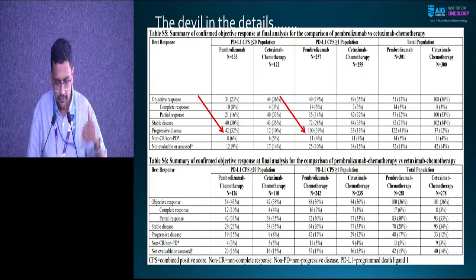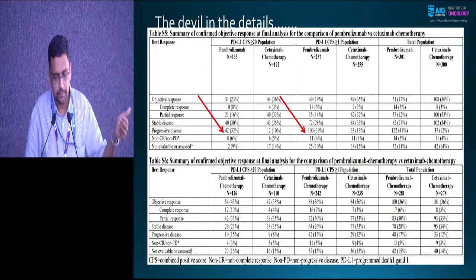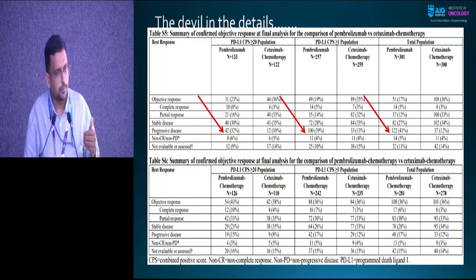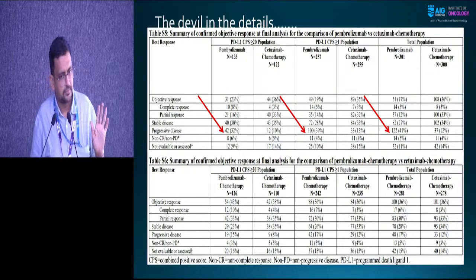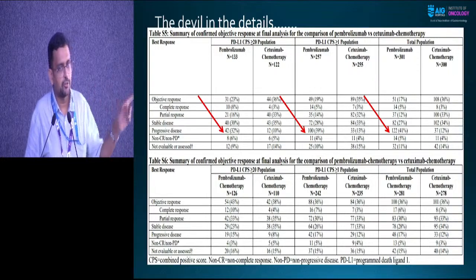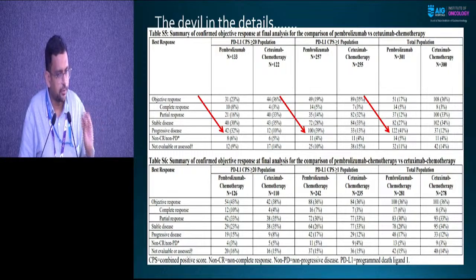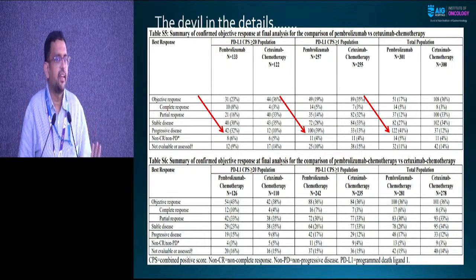When you look at CPS more than 1, it jumps to 39%. In the total population, it is 41%. So anyone who just says, oh, give IO, it's great because you have a high CPS, be prepared for this. You can have progression, and all of us have burnt our fingers by using this because progressions are there.